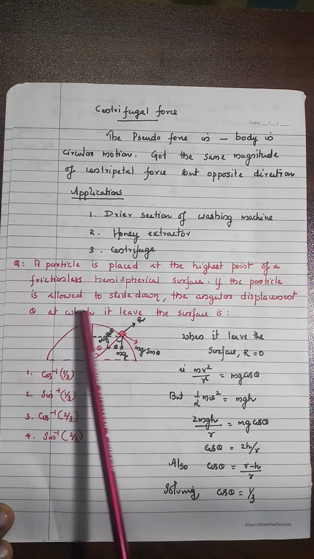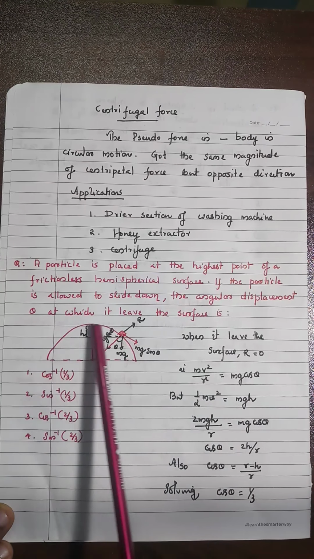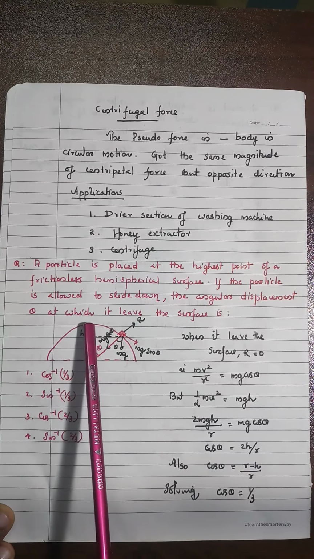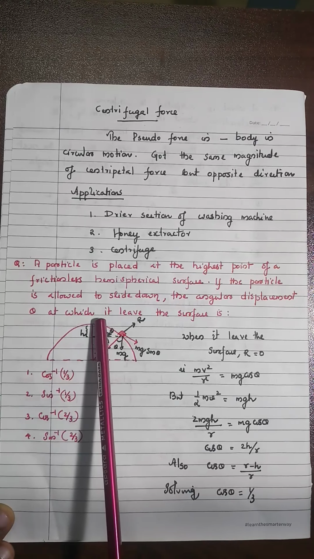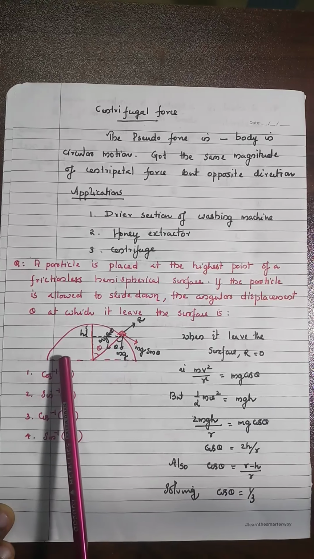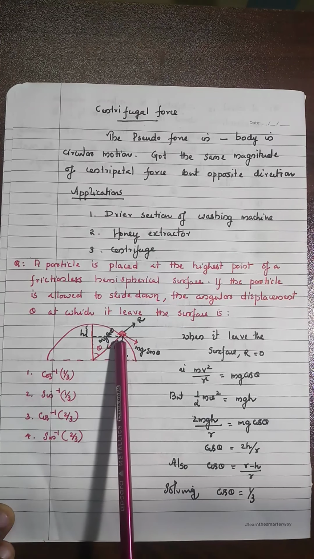If it is allowed to slide down, find the angular displacement theta at which it will leave the surface. Initially, give the body a small jerk, and it will come down, losing its potential energy, which is converted into kinetic energy.